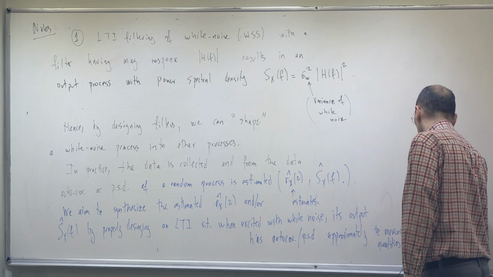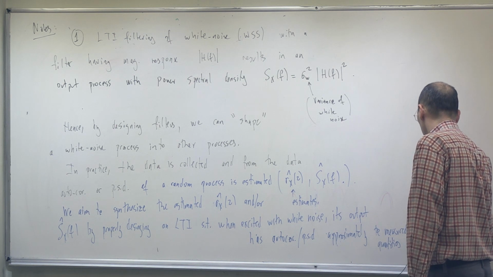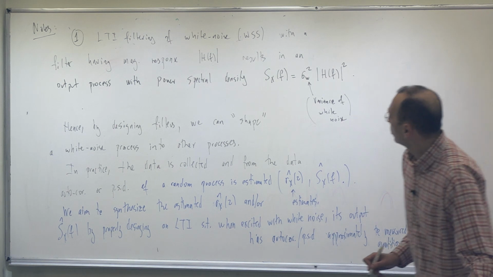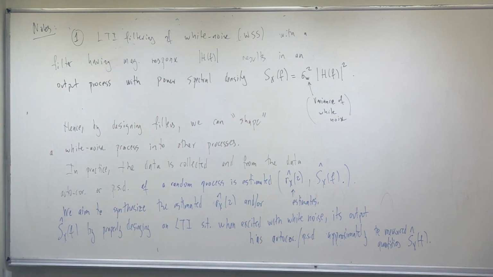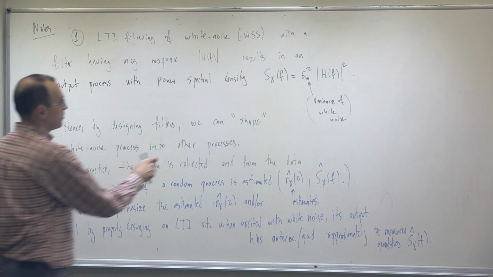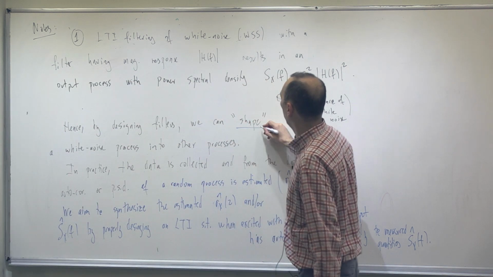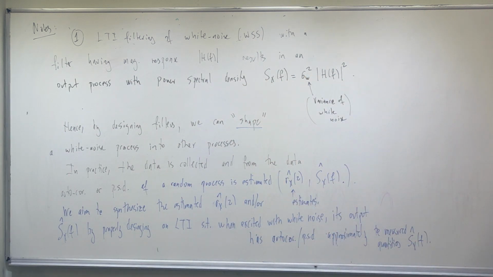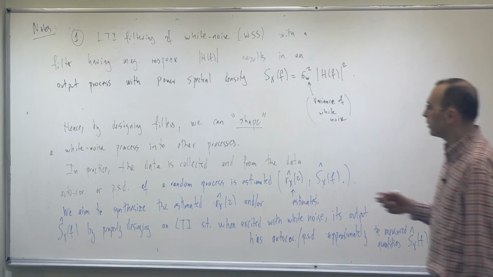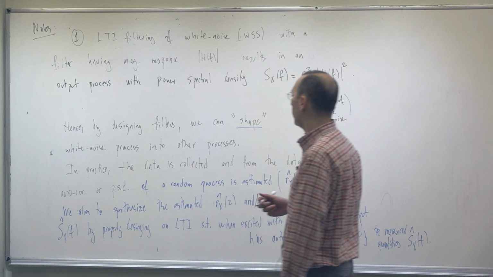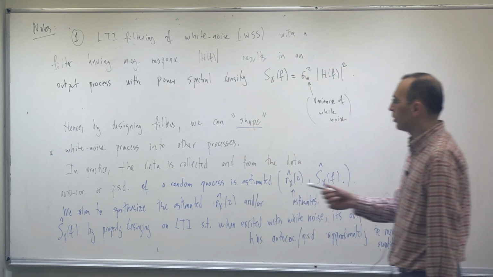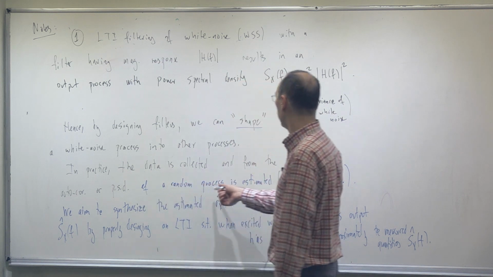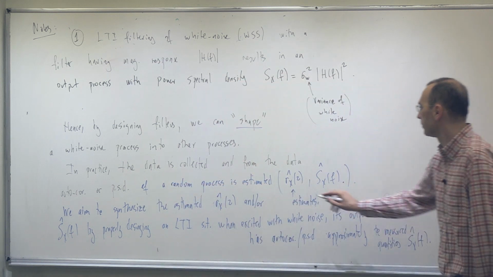So let me check this sentence. Hence, by designing filters, we can shape a white noise process into other processes by filtering. In practice, data is collected by an experiment, and from the data, the autocorrelation or power spectral density of a random process is estimated. These are the estimates.